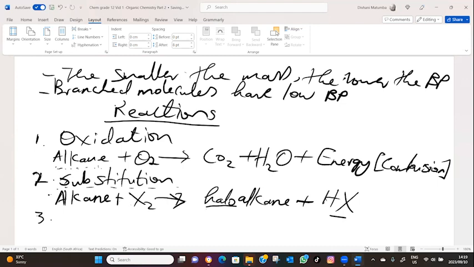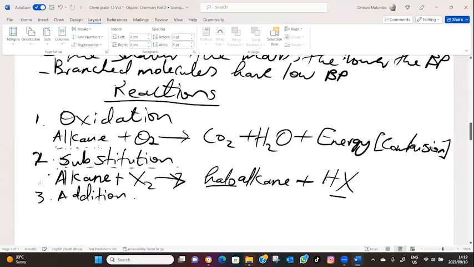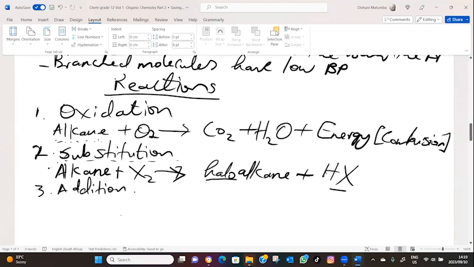Number three, we have addition. As I've indicated, you can only add a passenger if the taxi is not full. Alkene plus hydrogen will give us an alkane.